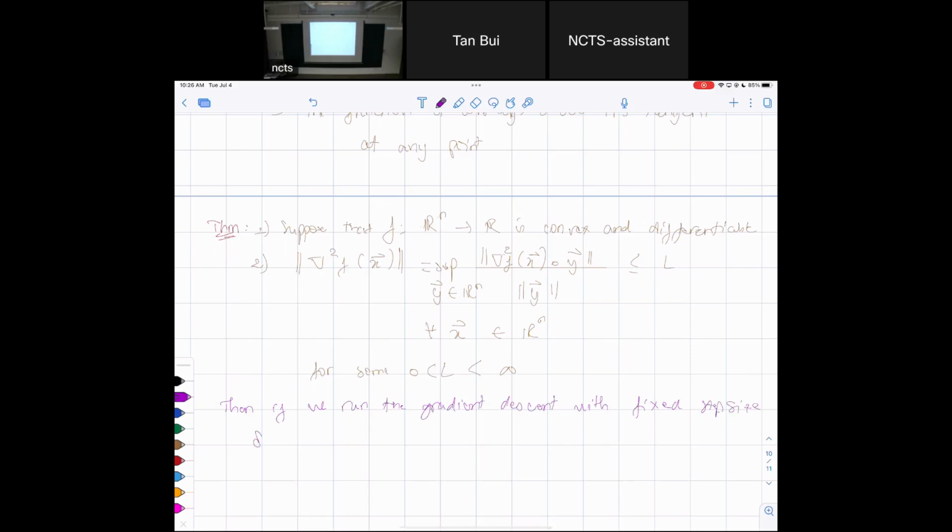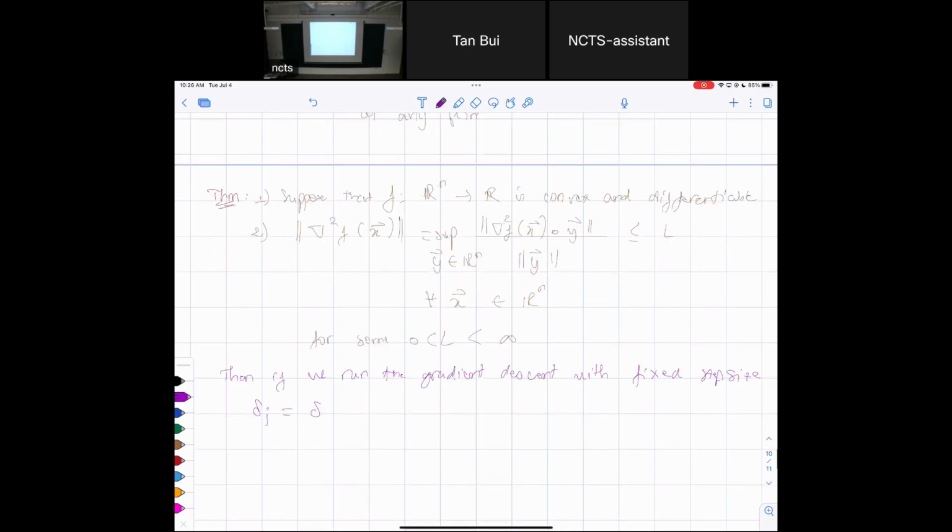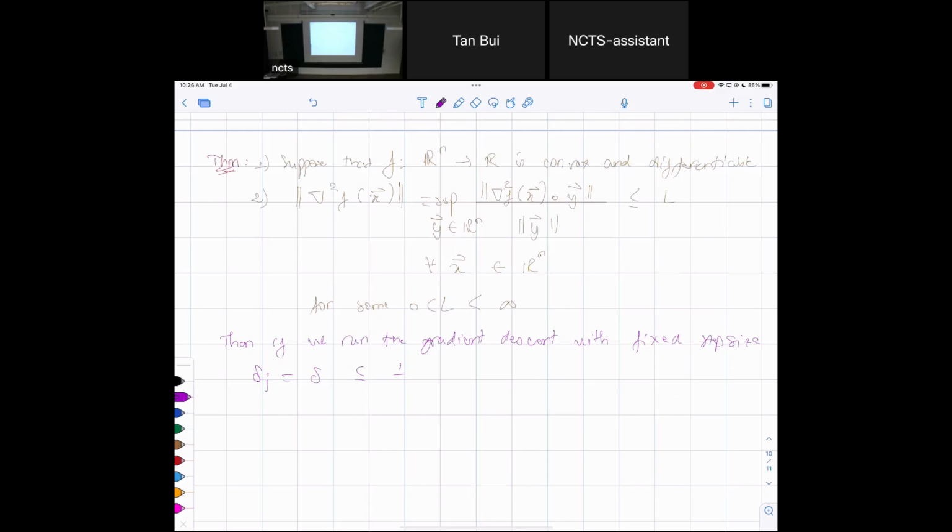right? So that means delta j is equal to delta, which is what we used yesterday. And as soon as it's less than 1 over L, remember that delta is the step in the negative gradient.